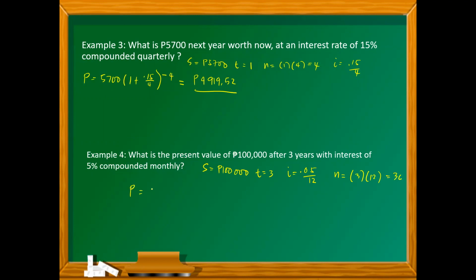So P equals 100,000 times 1 plus 0.05 all over 12 to the negative 36. This gives us a present value of 86,097.62. Always remember that S is always greater than P because S is a future value and P is the present value, the current value of the money.